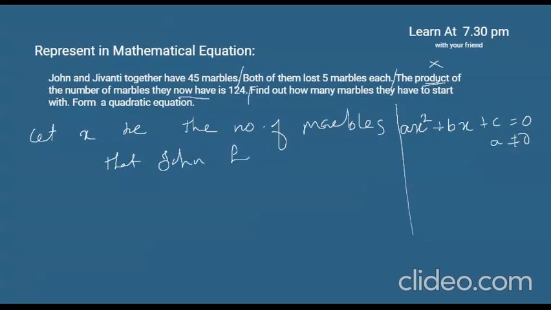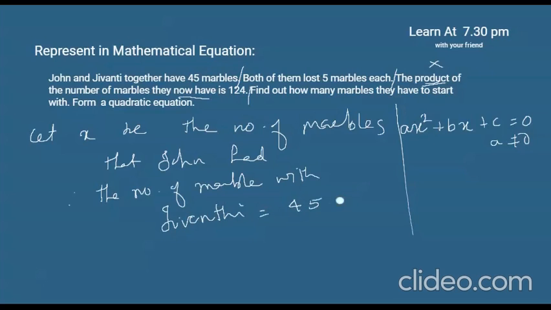Now the next line: the number of marbles with Jivanti is equal to 45 minus x. So x is the number of marbles that John had, and the number of marbles that Jivanti has is 45 minus x.